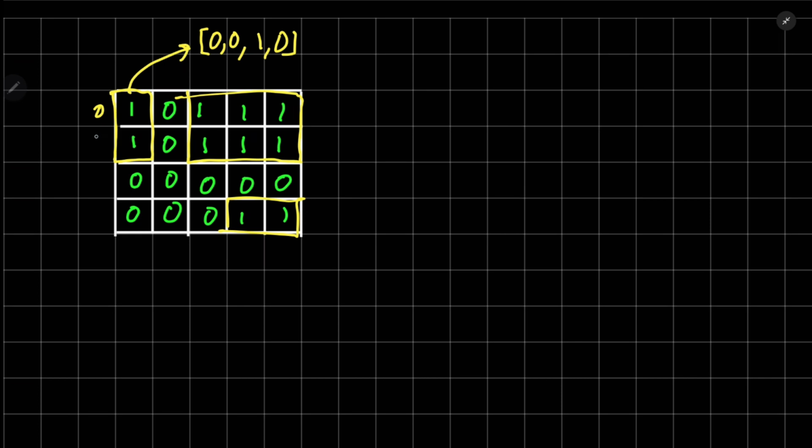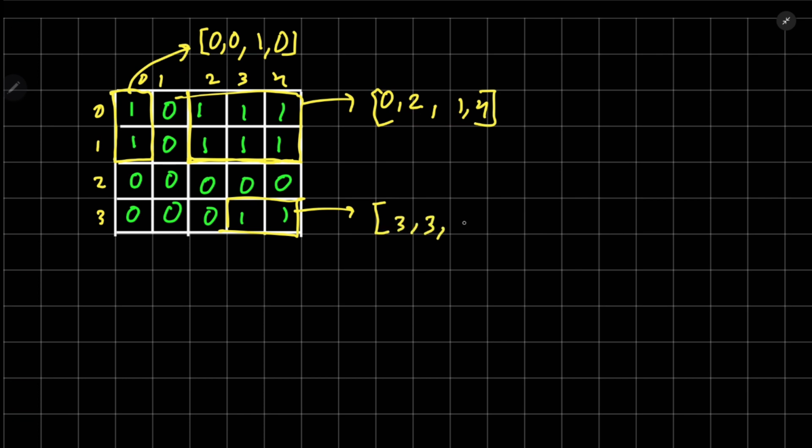Let me write the coordinates to understand it better. Now for this group we will have the answer 0, 2, 1, 4, and for this group the answer will be 3, 3 and 3, 4.